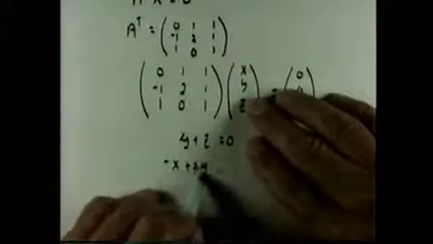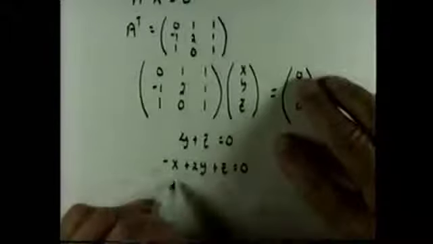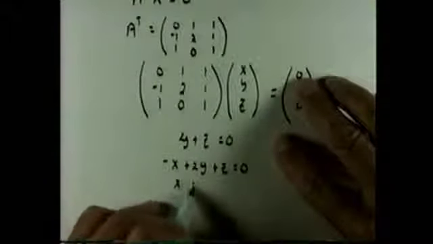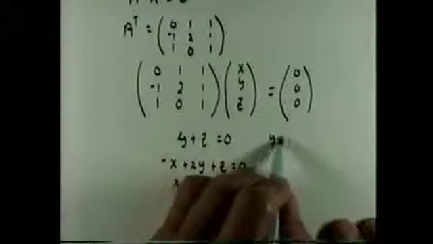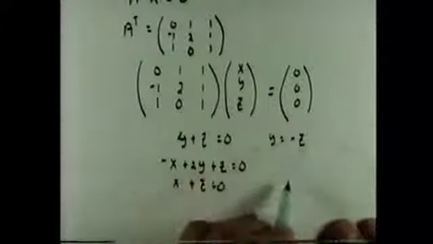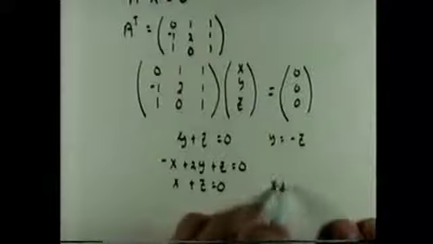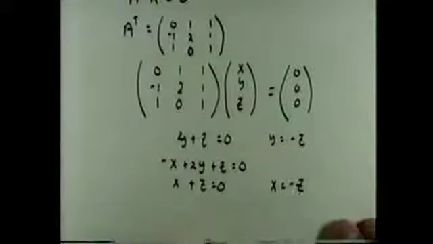Okay, multiplying, I get y plus z is equal to 0. The opposite of x plus 2y plus z is equal to 0. x plus z is equal to 0. Now, of course, this tells me that y is the opposite of z. This tells me x is the opposite of z.